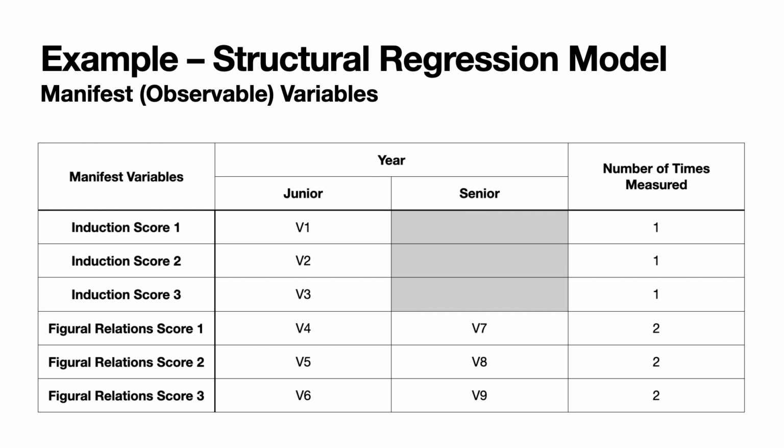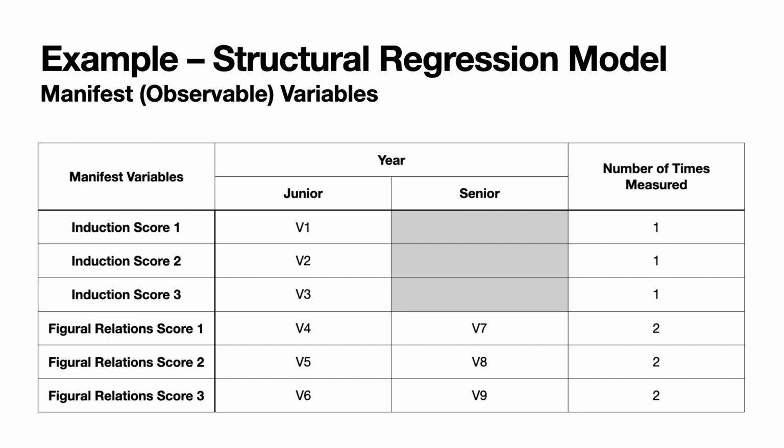We have figural relation score 1, figural relation score 2, and figural relation score 3. Now, induction scores 1, 2, and 3 are each measured one time in the junior year only, and the corresponding variables are V1, V2, and V3.